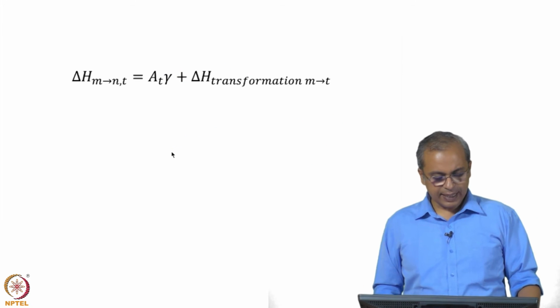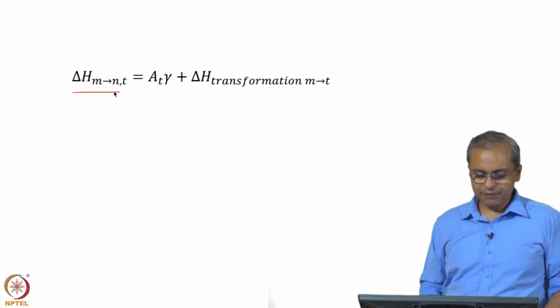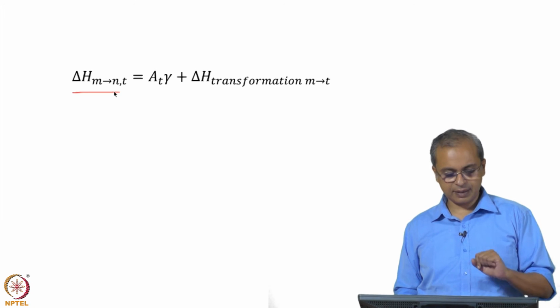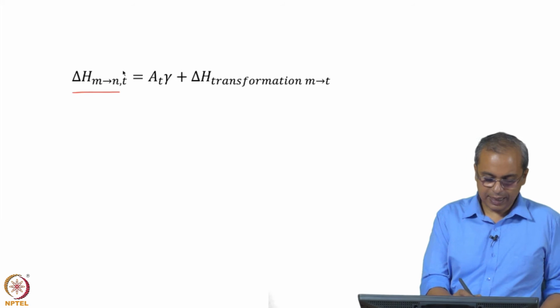So if you look at a transformation, you have delta H monoclinic, in this case I have put a small subscript m, and this is nanocrystalline tetragonal.